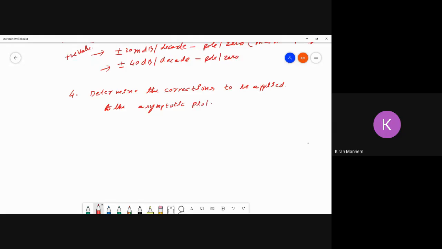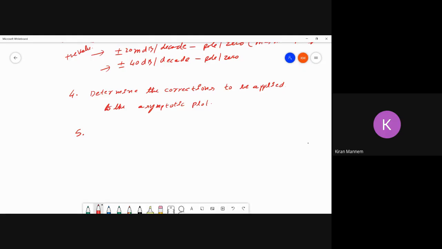Right. Fifth step, draw a smooth curve through the corrected points such that it is asymptotic to the line segments. This gives the actual magnitude plot.